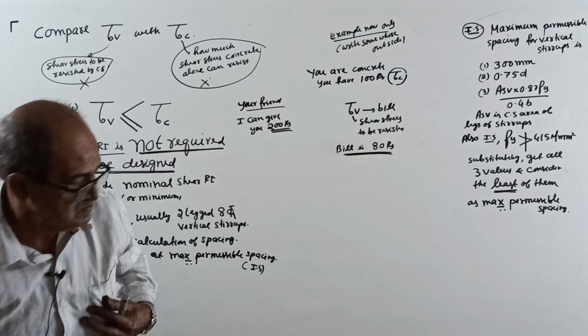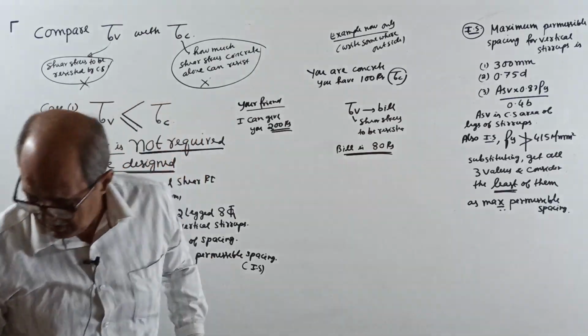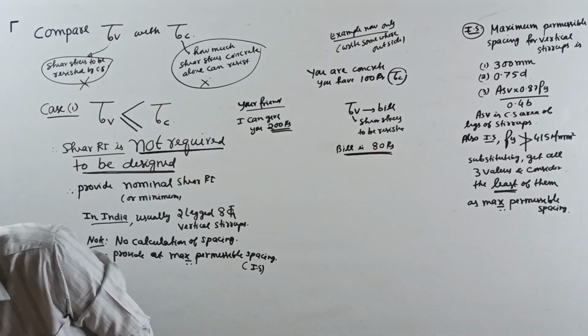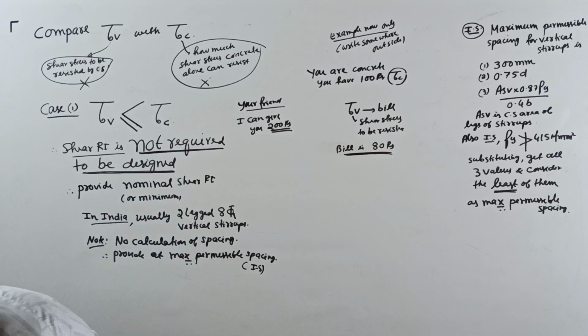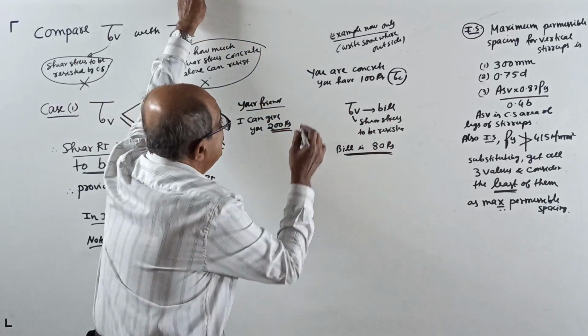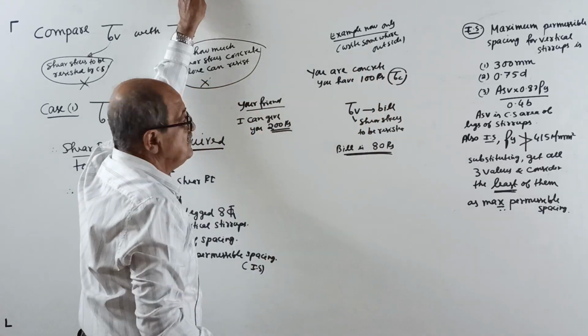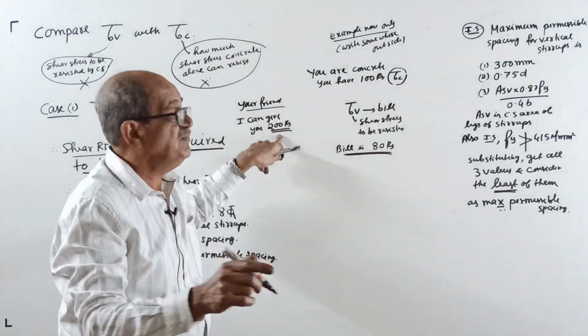Where is the red color pen? I kept it somewhere, now not available. Here, yes, okay. Now remember, you have 100 rupees. This is not tau C maximum.